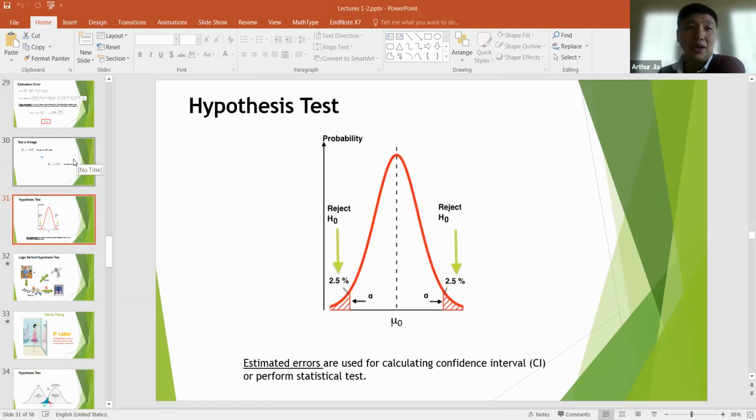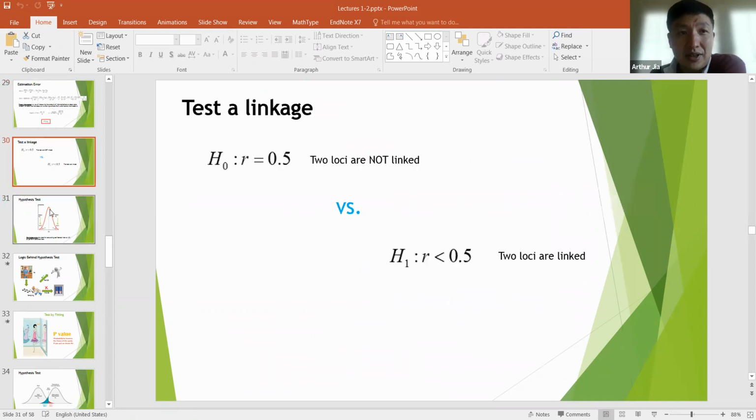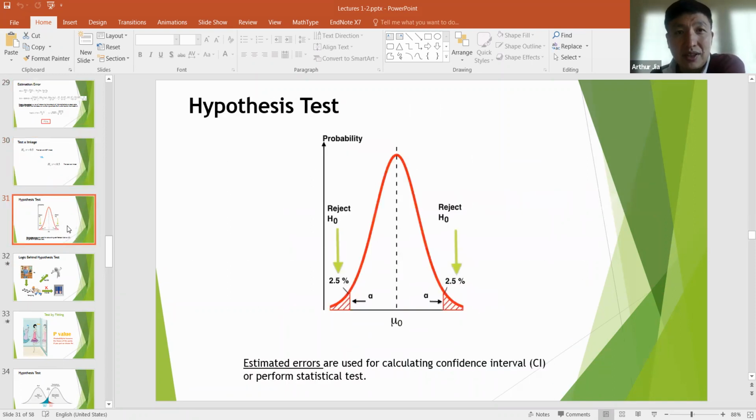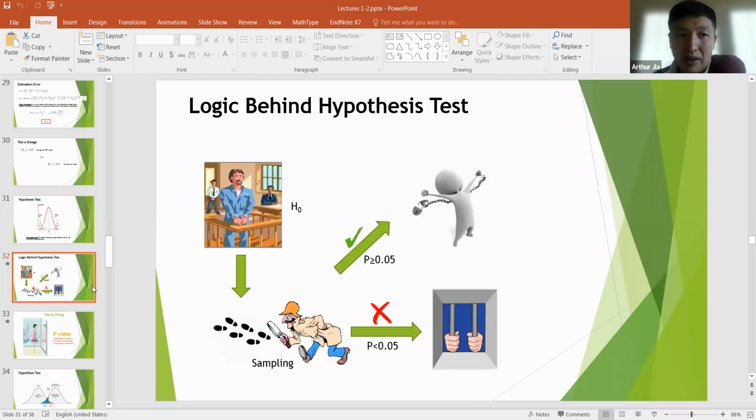So we need to know how to perform a hypothesis testing, right? So hypothesis testing actually is trying to answer a biological question or any scientific question. So to answer this question, we have two possible answers. One answer will be the null hypothesis, and the other one will be the alternative hypothesis.